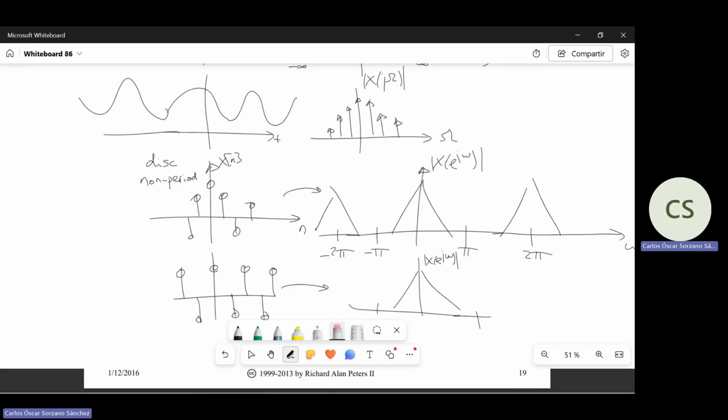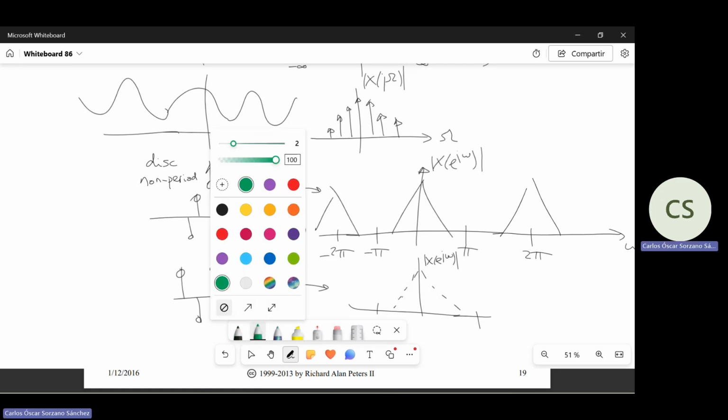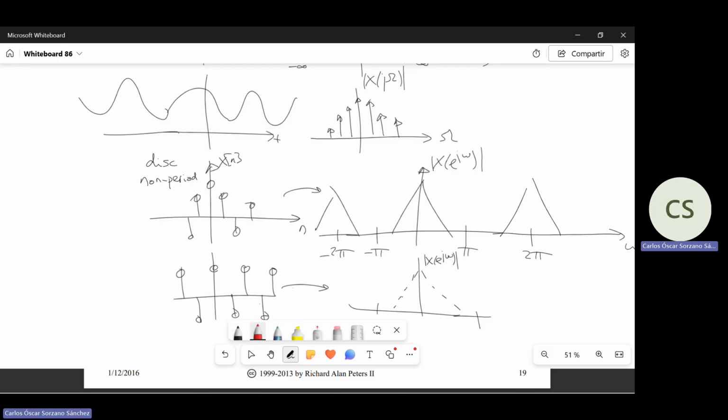But actually, this one is a kind of envelope, because the true Fourier transform, I will draw it in red so that it is more clear, is a set of deltas. And the separation between these deltas has to do with the period of x. So this is the period and how this is related to that period: it's 2 pi divided by N.